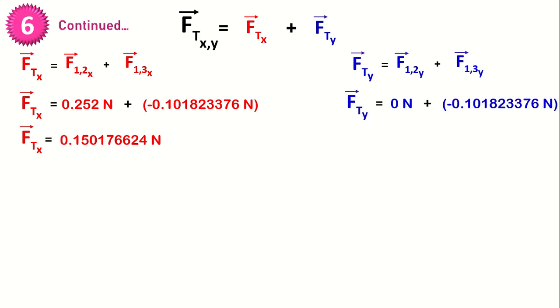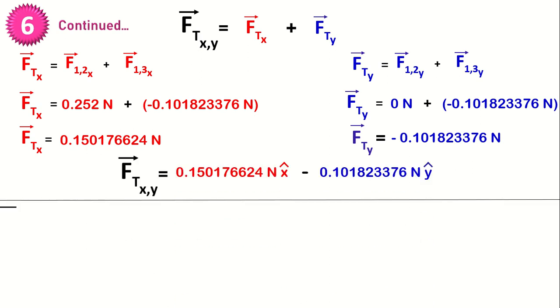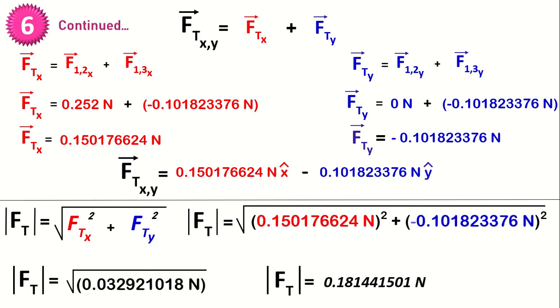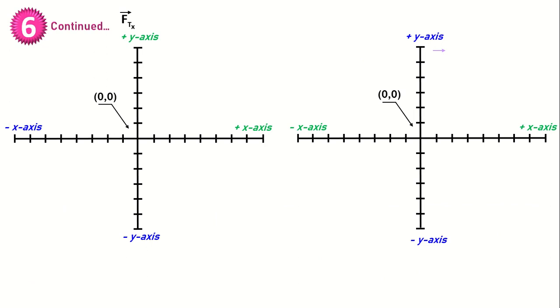For the y component, there's no y component for the force on charge 1 due to the other charge here, so we're just left with this component right here of negative 0.1018233376 newtons. Plugging those values in, we'll get a magnitude of 0.181441501 newtons. So now we can plot that visually to represent it.